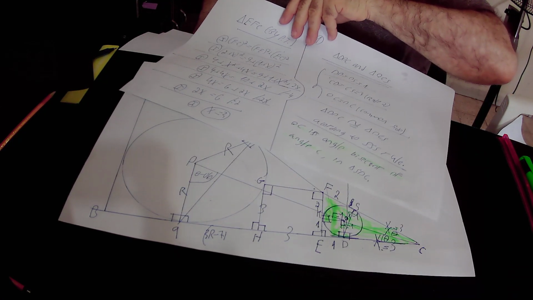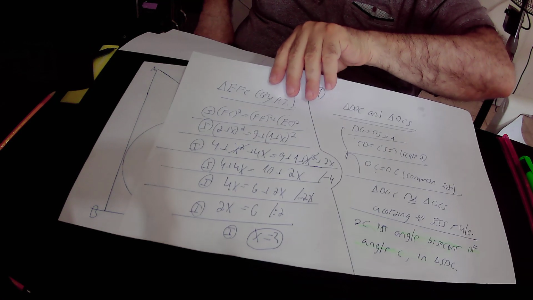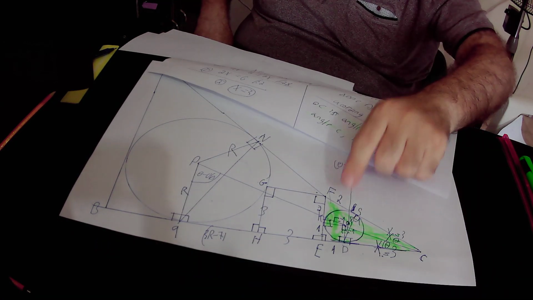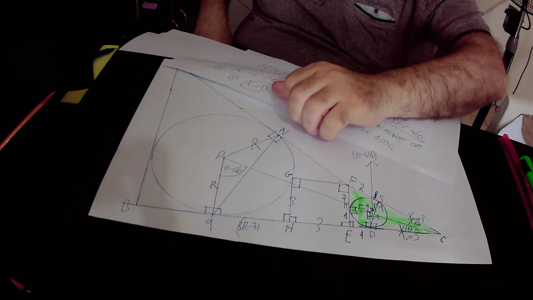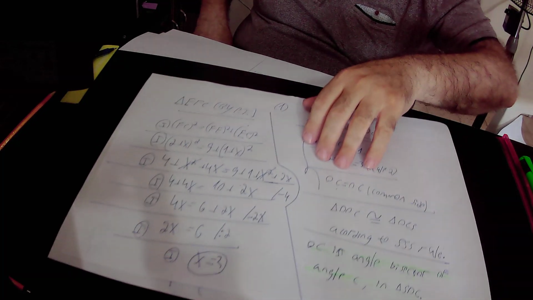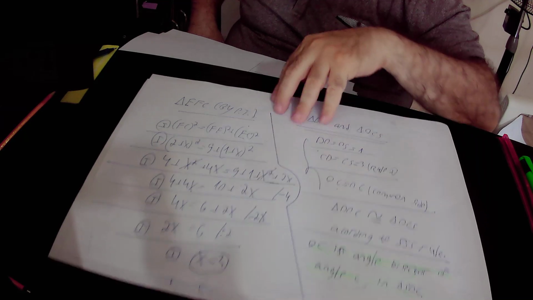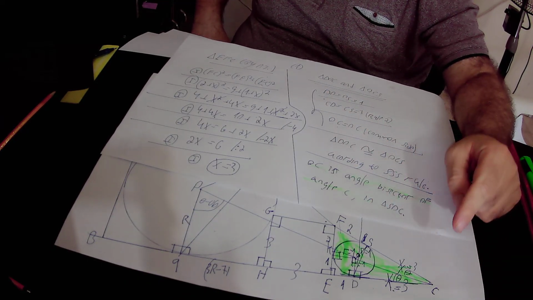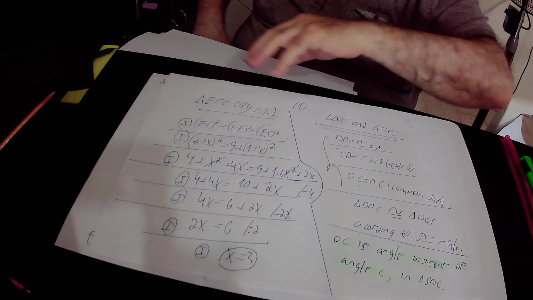Here FC equals 2 plus x, therefore FC square is (2 plus x) square. FE equals 3, so FE square is 3 squared, that is 9. And EC equals 1 plus x, therefore EC square equals (1 plus x) square.